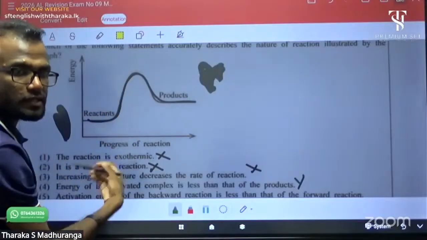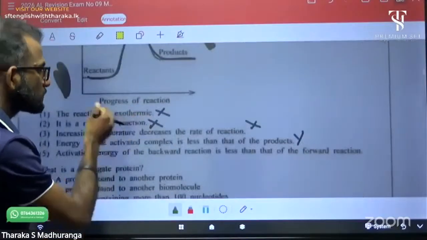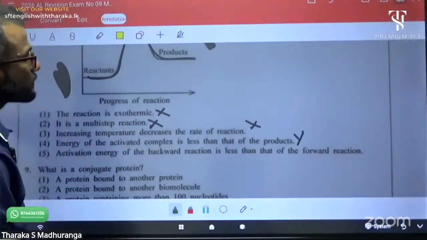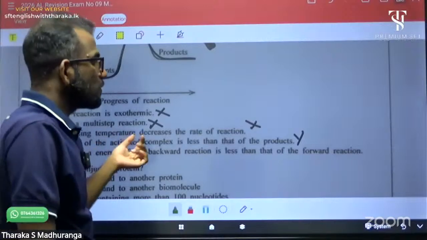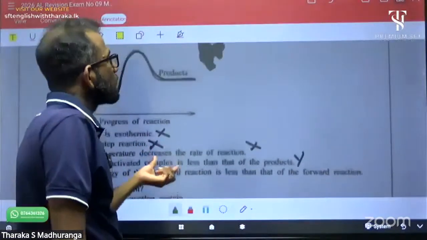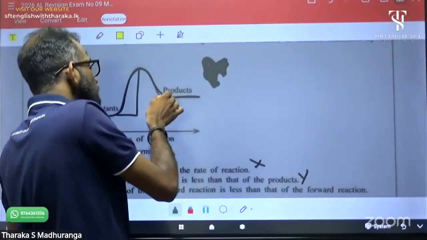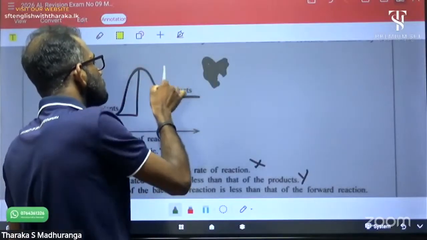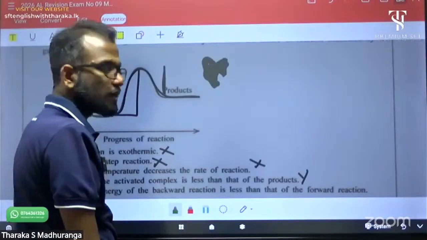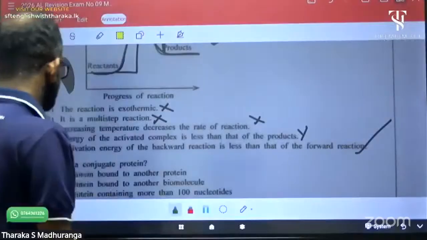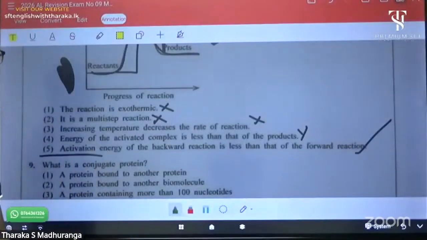This is the activation energy of the forward reaction. Now, in the reverse reaction, this is the activation energy of the reverse reaction. It is less. That one is correct. Answer number 5. Good.